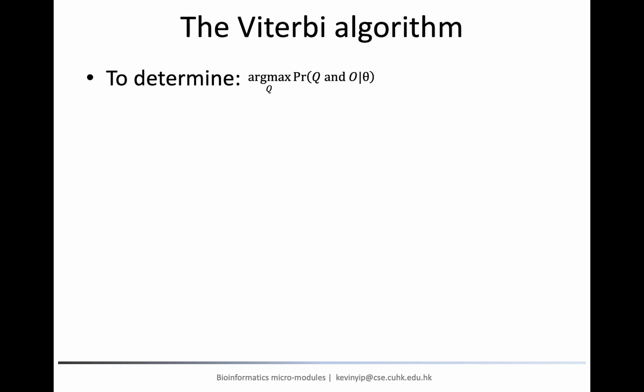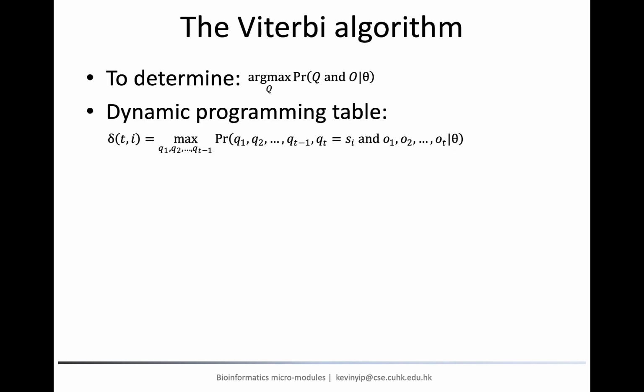As in the case of the forward algorithm, we define a table called delta this time with a step dimension and a state dimension, where each entry in the table corresponds to a subproblem. The entry delta T i is a subproblem that has the same form of the original problem, but restricted to the first T steps and having the state in step T fixed to state I.